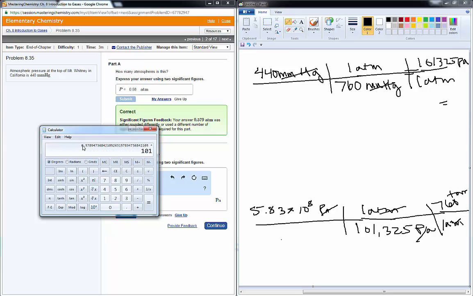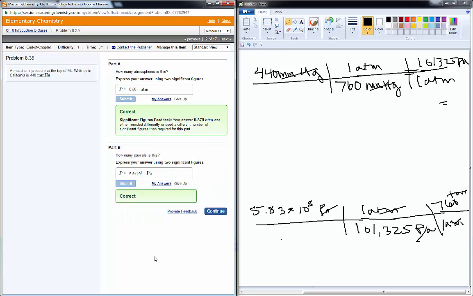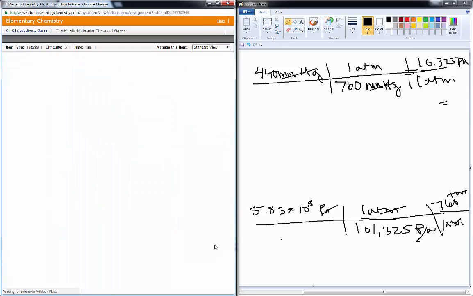Already got that in there, so I just multiply that by 101,325. And that's 58,661 pascals. Except they only started with 3 significant digits, or actually 2 there. So probably just 59,000 would be sufficient. There we are.